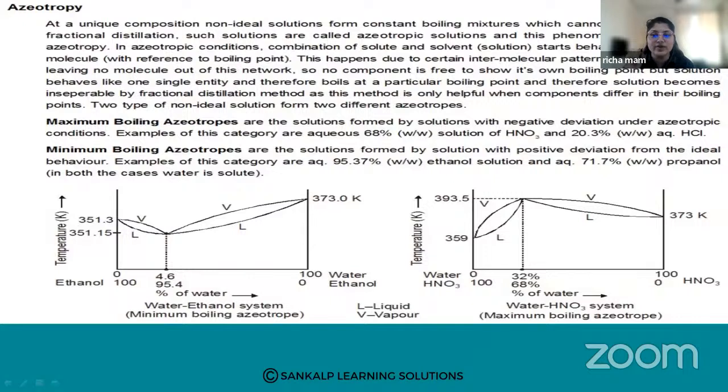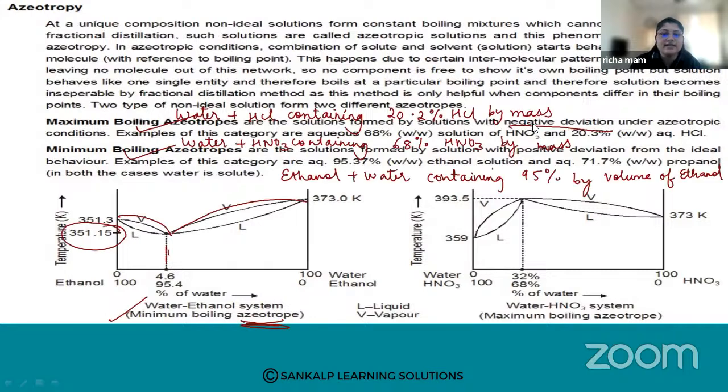The composition is very important. I had written here 20.2% HCl by mass and 68% HNO3 by mass. This composition is very important during the exam. If you do not write the complete example, marks will be deducted. So you have to write the complete ethanol plus water containing 95% by volume of ethanol.